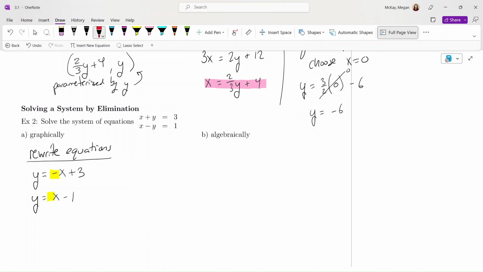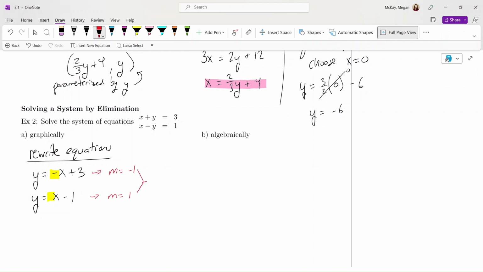So our slope, m, is equal to negative 1, and here m is equal to positive 1. So when we have two lines with different slopes, ultimately they are going to intersect at one point.